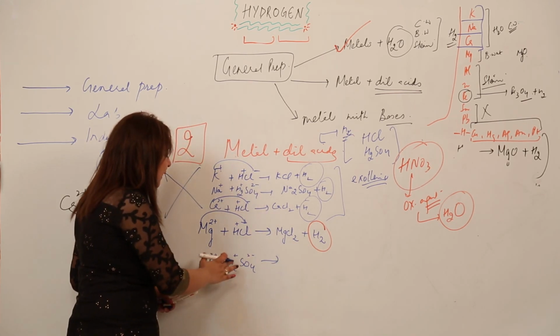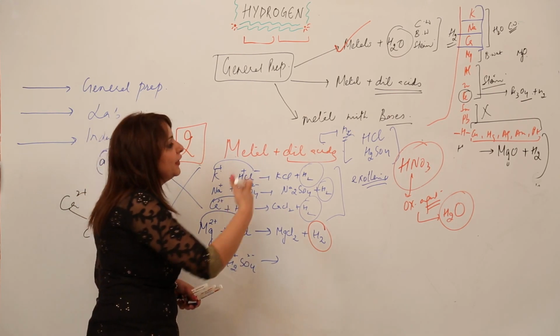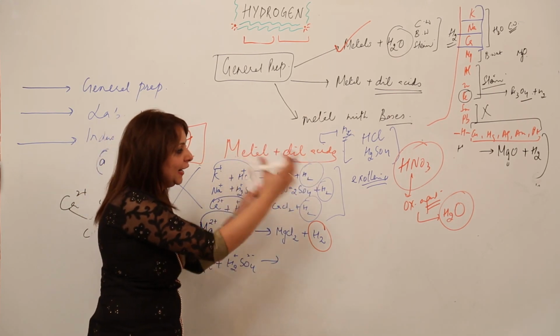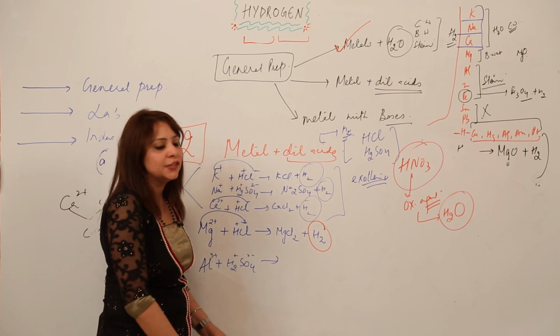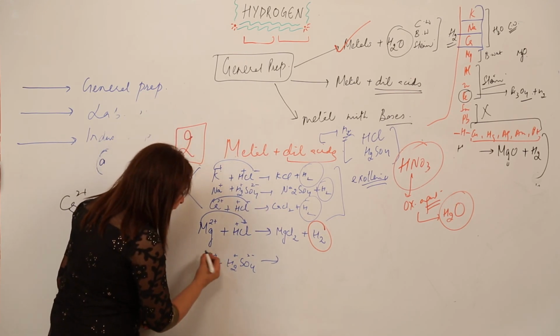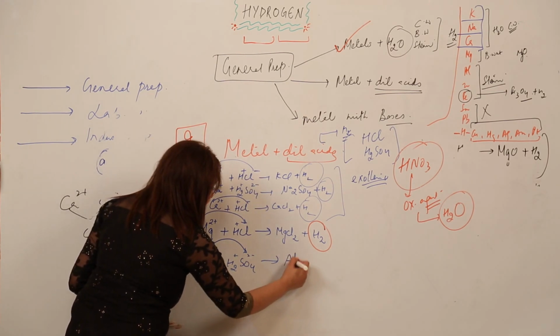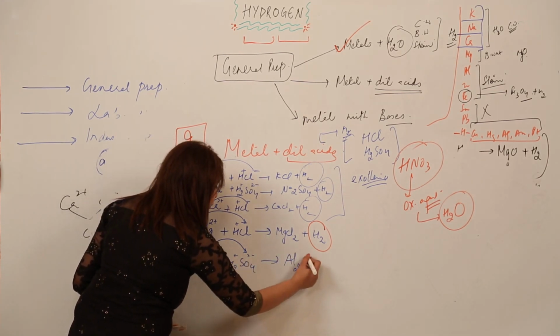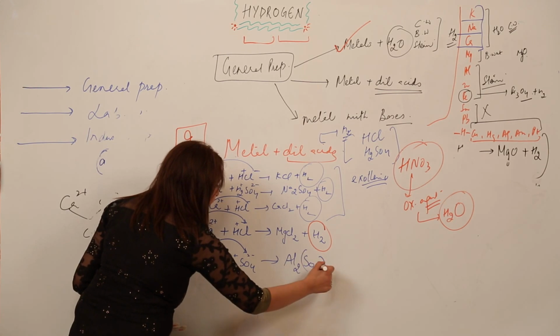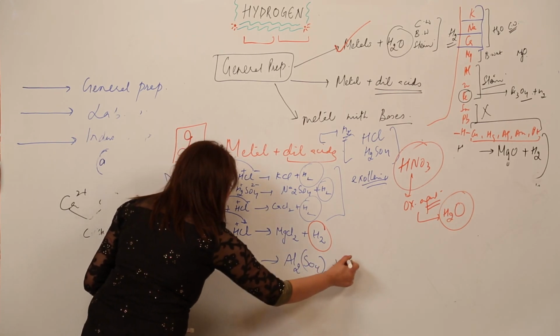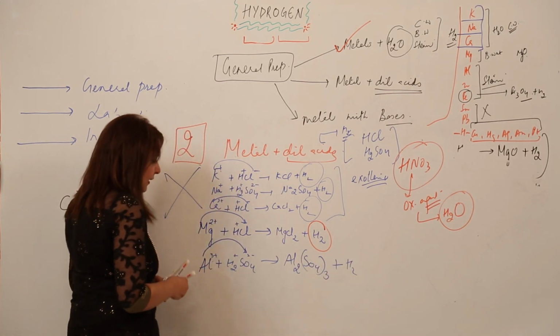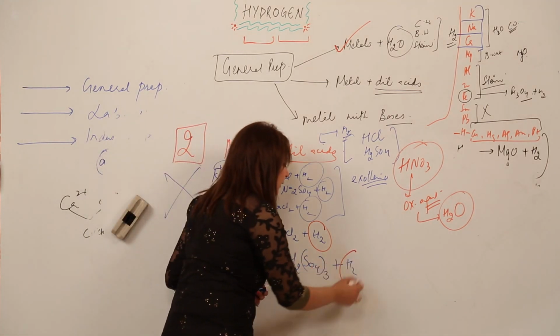So just keep the valency in mind, or you can write it in rough, then make the desired product and directly write it here. Again, the positive part reacts with the negative part. So what do we get after crisscrossing? Al2(SO4)3, which, being a radical, has to be enclosed in brackets, plus H2. Again, it is our desired product.